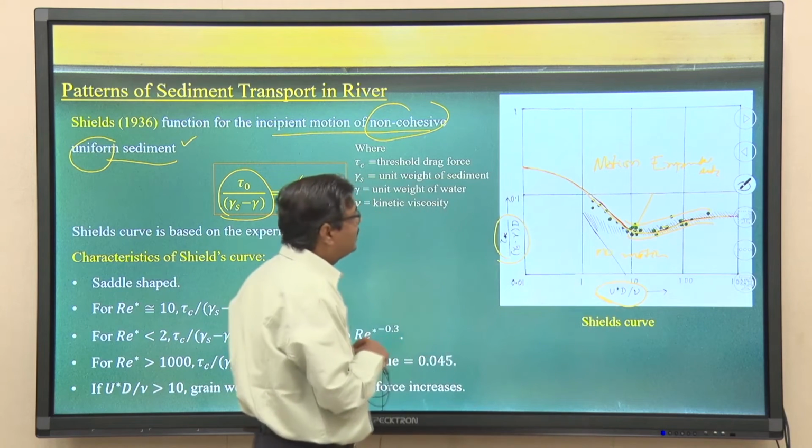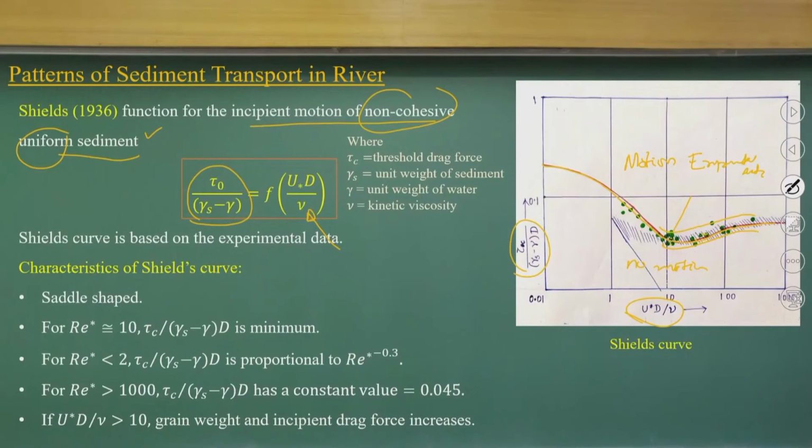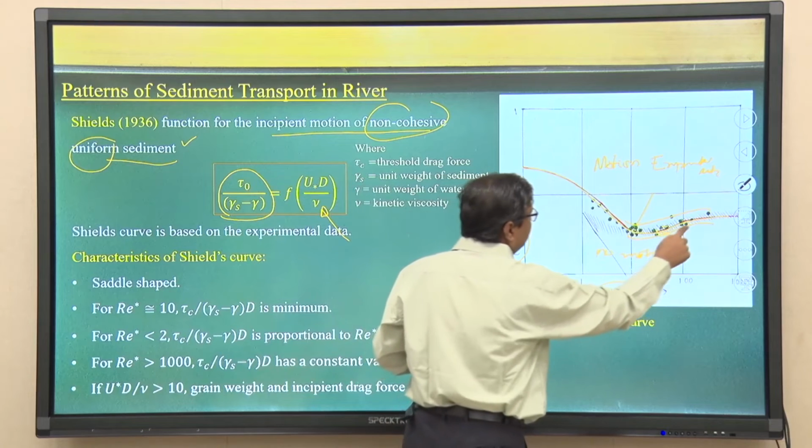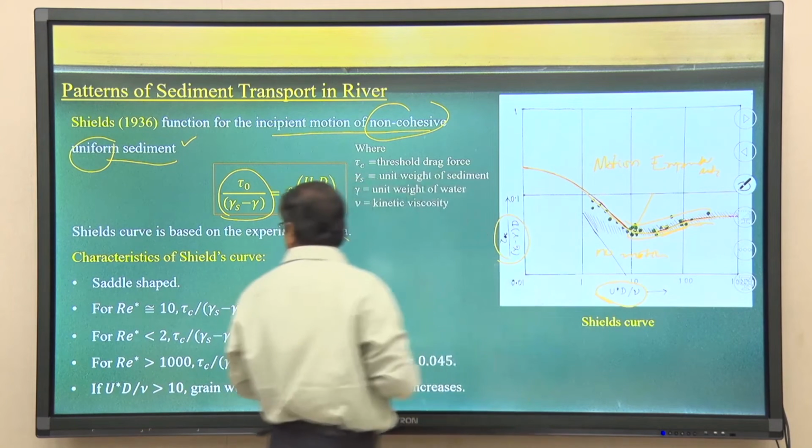The line dividing sediment in motion from not in motion is the Shields curve, and it follows very interestingly.